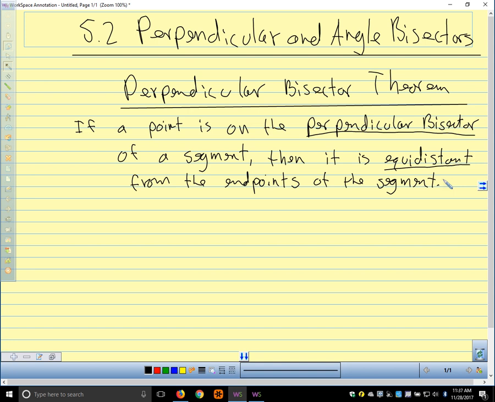Now this word equidistant, what does that mean? Equal distance. So what we're saying is if a point is on the perpendicular bisector of a segment, then it's the same distance from the endpoints of a segment.